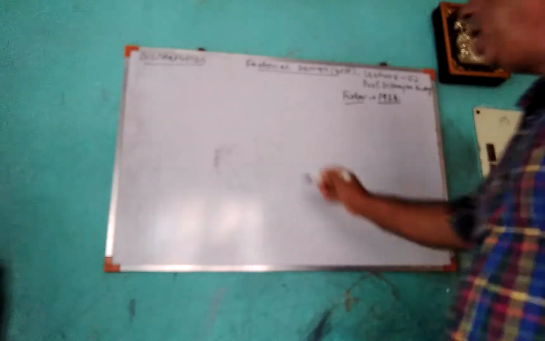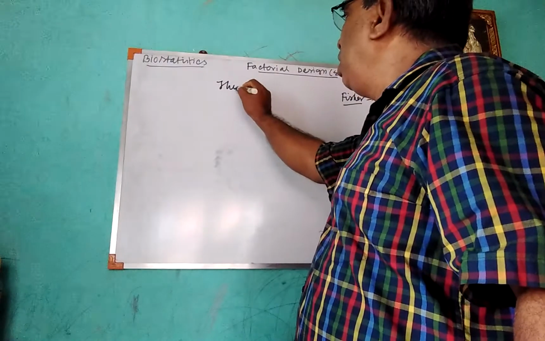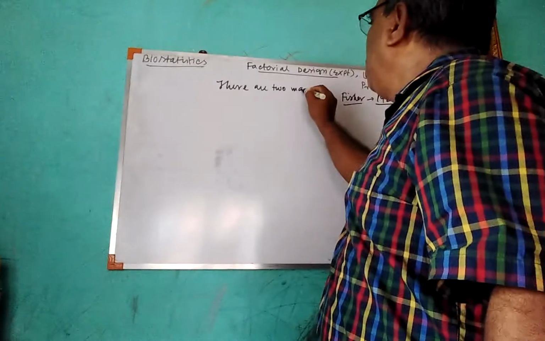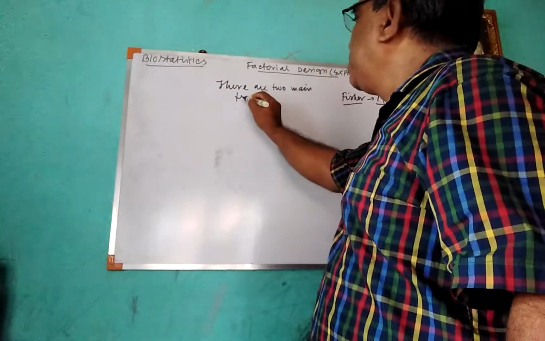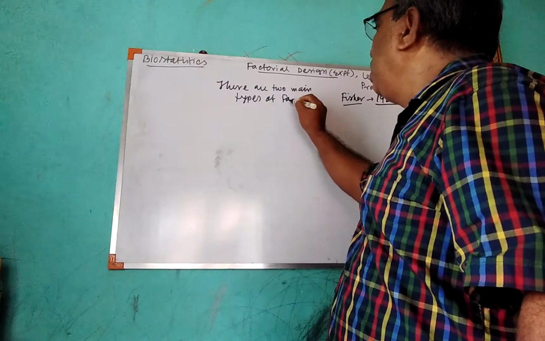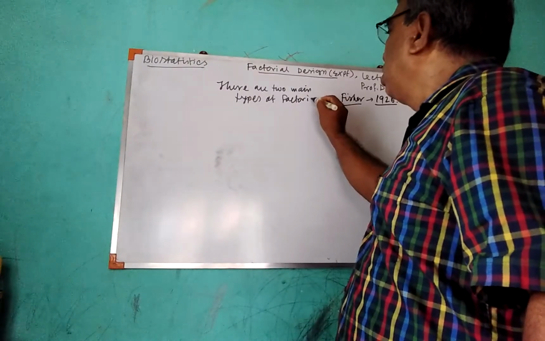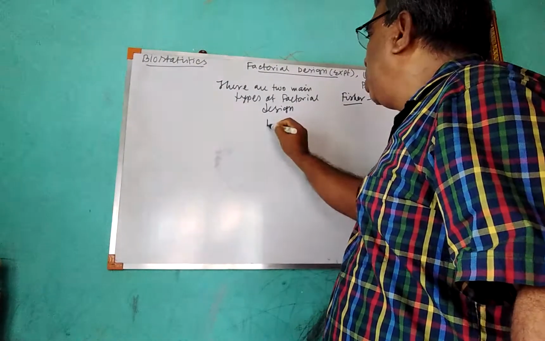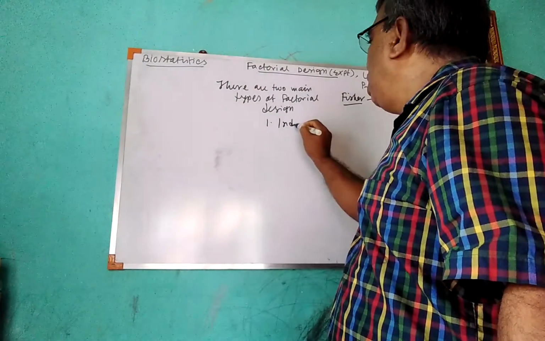There are two main types of variable. Number one, independent variable.